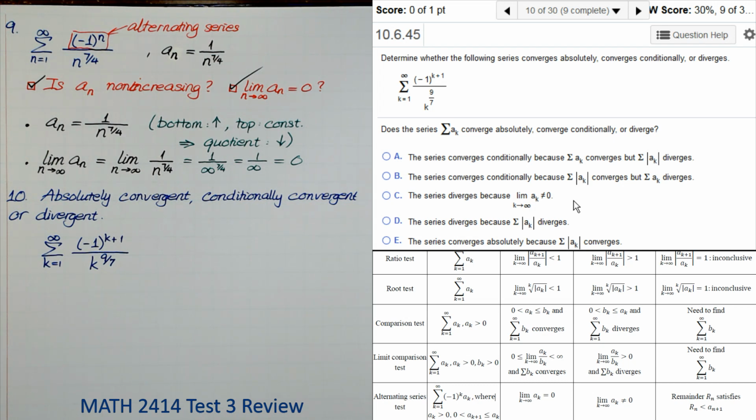So first, absolutely convergent. Just put absolute values into it.